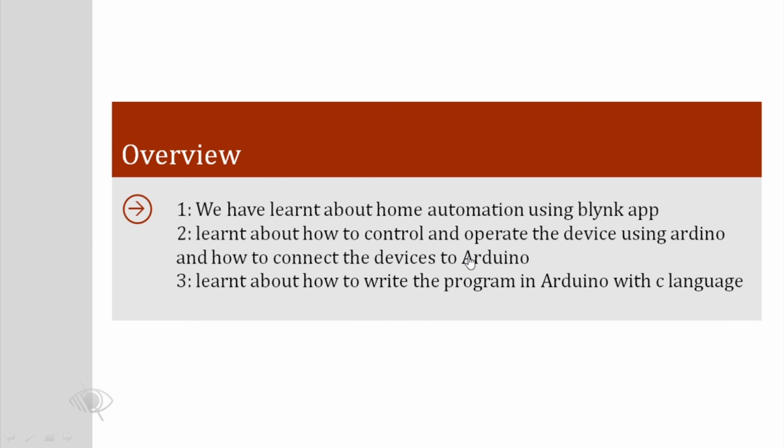And then how to control and operate the devices using Arduino, and how to connect the devices, nothing but the temperature system, water control system, garden light system, how to connect them to the Arduino for controlling with the Blink app. This we also learnt in the internship.